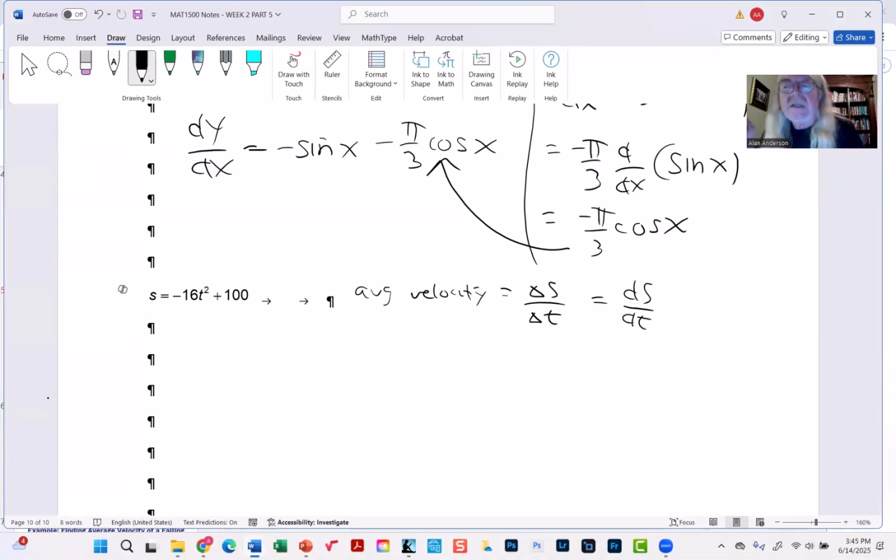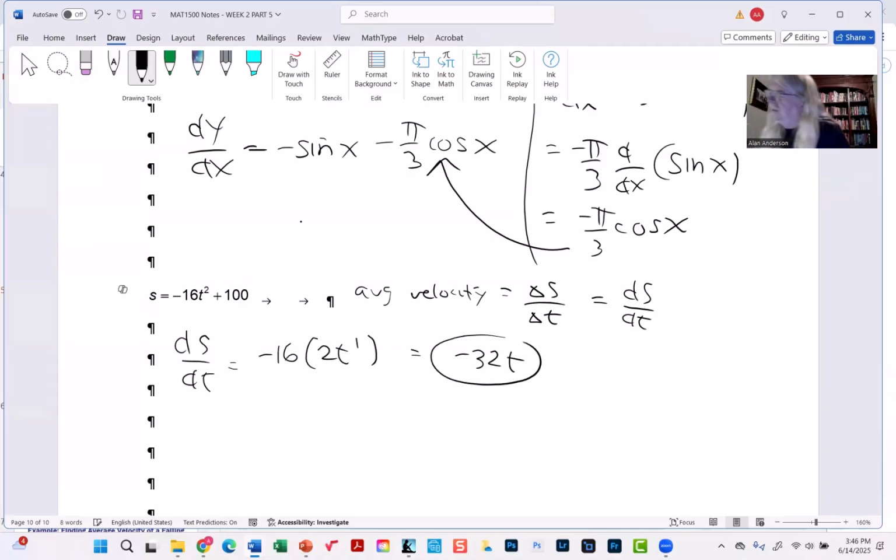In other words, as the change in t becomes infinitesimally small, what happens to the height of this object? And that's what we're aiming for here. We're looking for the derivative of this function with respect to t. Minus 32t.